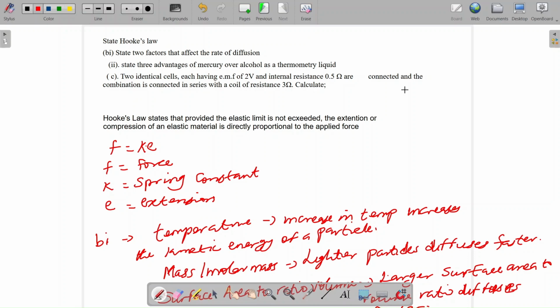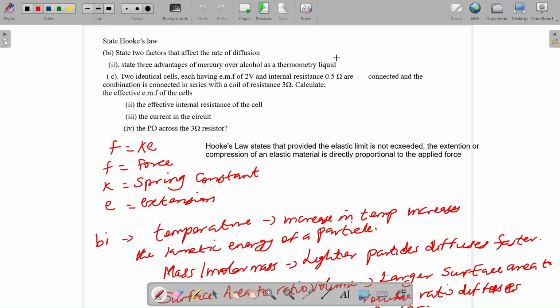So I think we were told to mention 3, right? Cells. Let's say we have 2 batteries, plus and minus, each having an EMF of 2 volts, both identical. They are both connected in series, positive to negative.